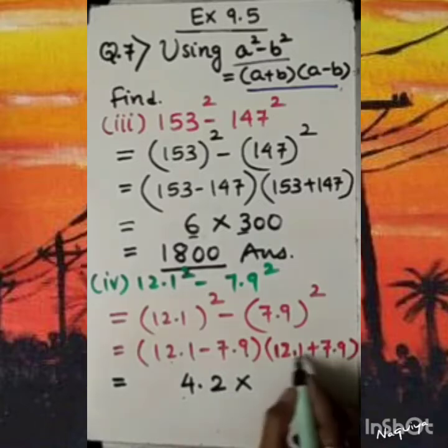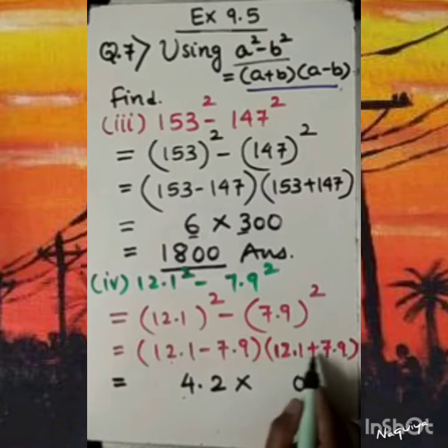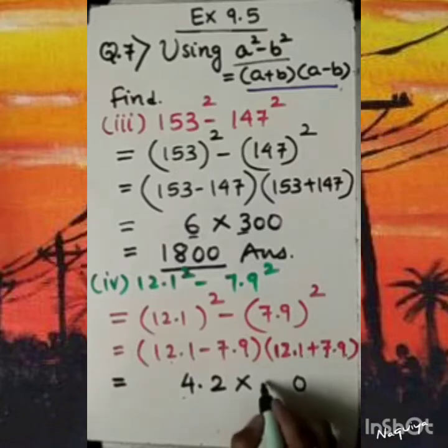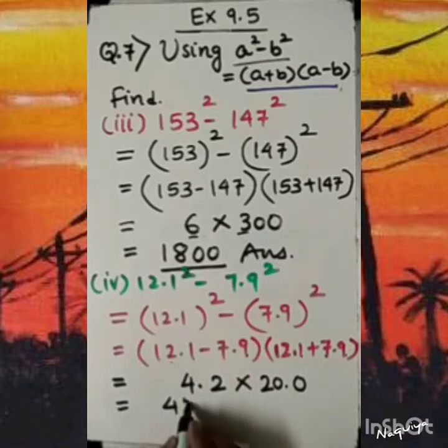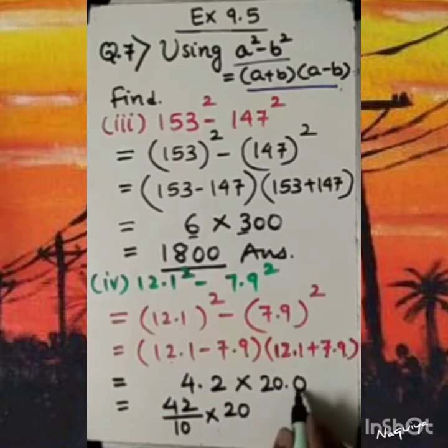Fine. Let's add this: 1 plus 9, then 1 carry over. So 8, 12 plus 8 is 20.0. Fine. So how to multiply, how to simplify? 4.2 can be written as 42 upon 10 if I remove this decimal, and here it is 20.0 means only 20, because no value of 0 after decimal. So here only 20.